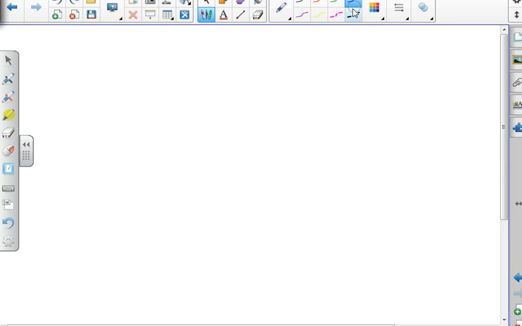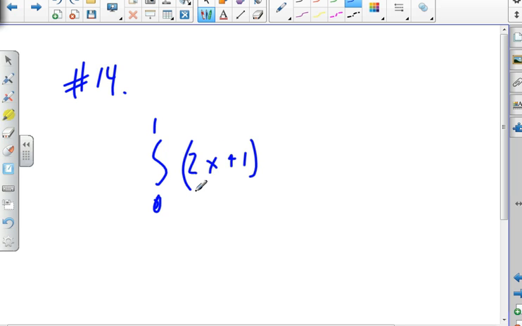Okay, now we're looking at problem number 14. I've got the integral from 0 to 1 of 2x plus 1 raised to the 5th dx. All right, so I'm going to make a guess.